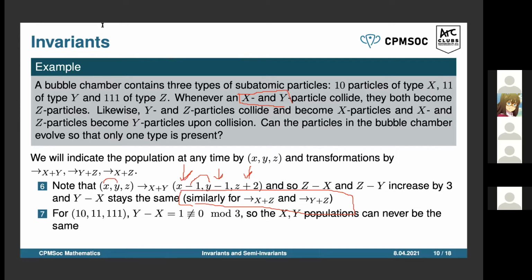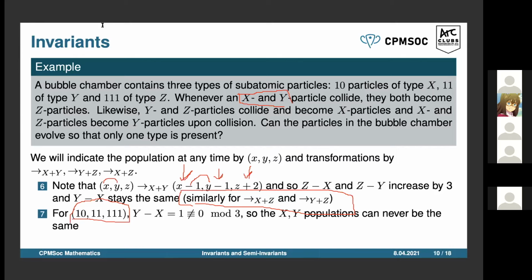Okay, so I can see in the initial case, 10, 11, and 111, Y minus X is 1, so that's not 0 modulo 3. And remember, we have an invariant: Y minus X will always be 1 modulo 3.